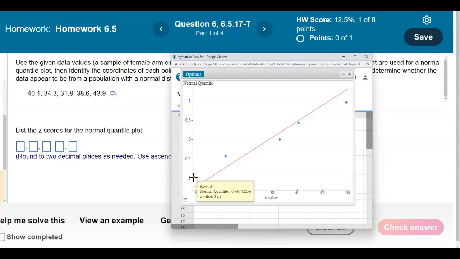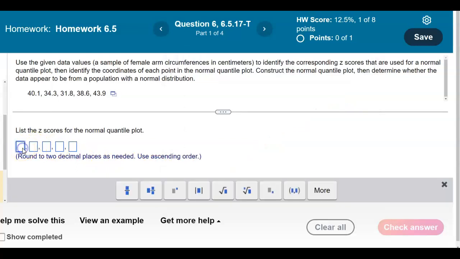It says normal quantile is negative 0.967, and below that you have the x value of 31.8. The normal quantile is the z-score, and we're going to round that to 2 decimal places. So the first one is negative 0.97, and that represents the first z-score.